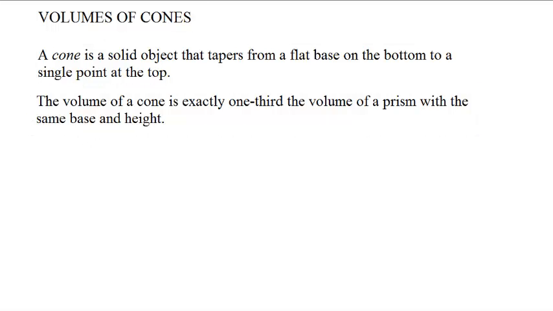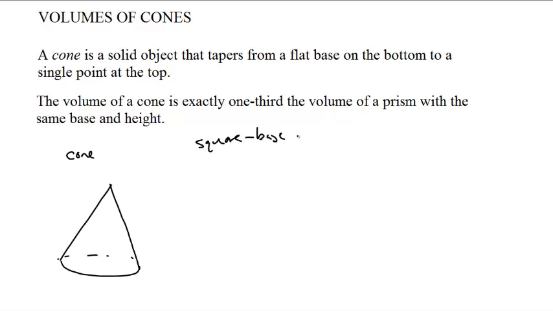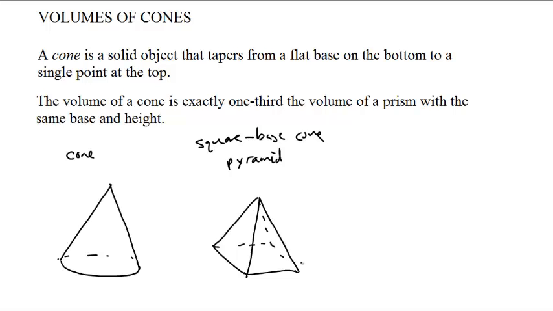The standard cone, that people call cones, has a flat base that is a circle and it tapers up to a single point. Another cone that would be called a square base cone, often called a square-based pyramid, has a square base for a bottom and it tapers up to a point.